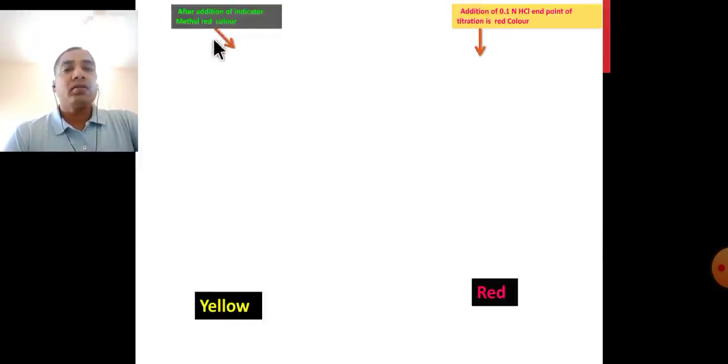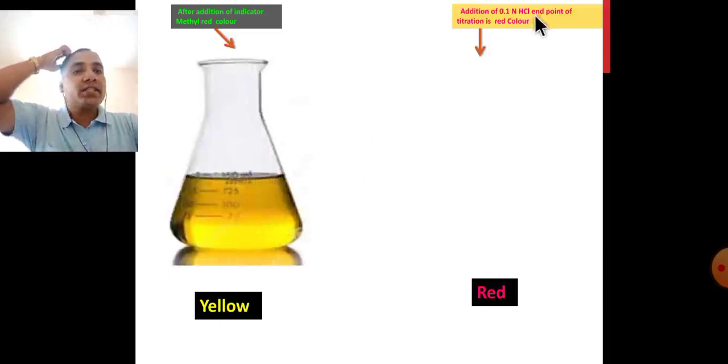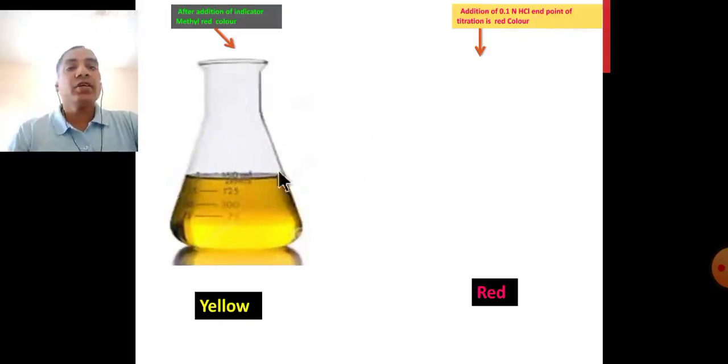Before titration, after addition of methyl red indicator, the sample is colorless to yellowish, and on addition of 0.1 normal HCl the end point of titration is red color.